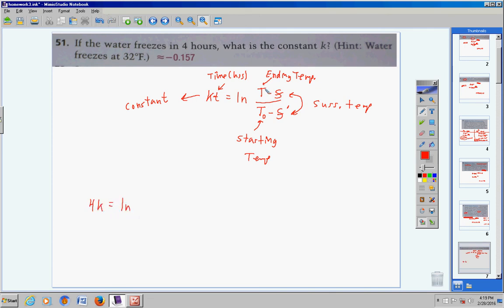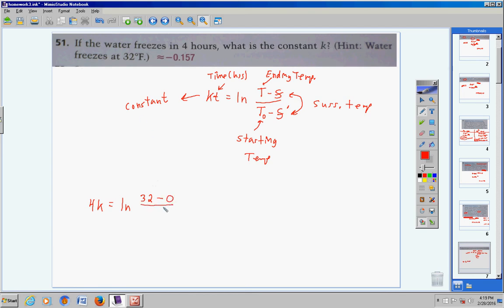Now, your ending temperature, well, you're seeing how long the water freezes in 4 hours. So your water tray ended up at what temperature? 32. That's what the temperature is when freezing happens, okay? Your surrounding temperature is how cold the freezer was. Well, if you'll read up above number 51, it says the freezer was at a temperature of 0.